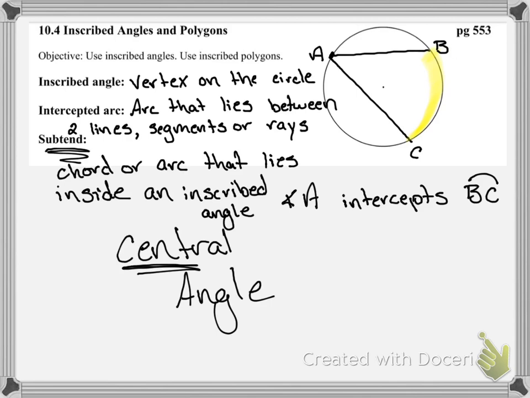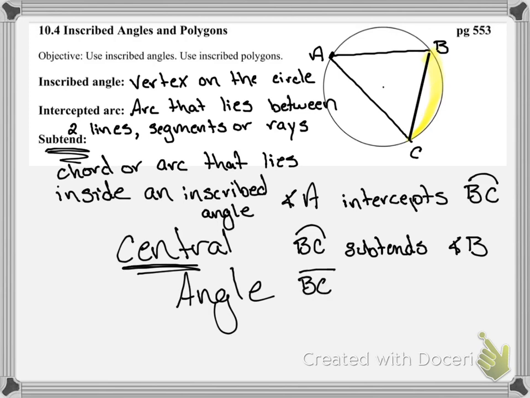We could have a chord drawn here from B to C. So we would say either arc BC subtends angle B, or chord BC subtends angle B. That's just a little bit of vocabulary with the word subtend. It subtends, meaning that it cuts across this angle.